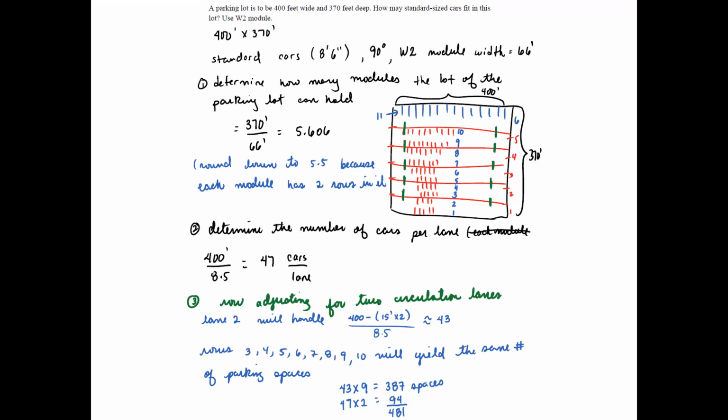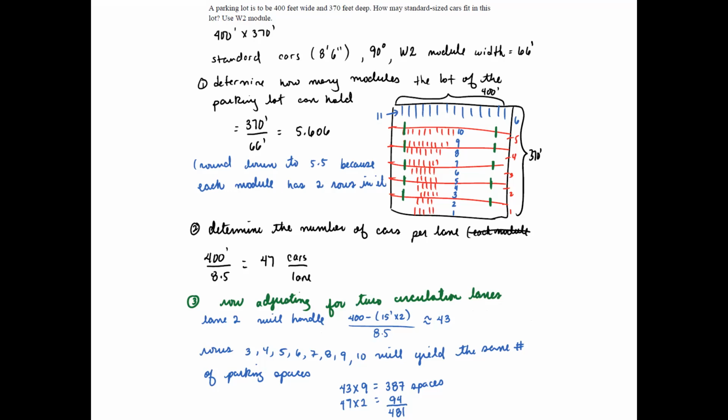That's 47 cars per lane, and that's without the circulation lane. So I have to take into account those circulation lanes in my design. If you see in my drawing, there are some green lines that are cutting the red lines. Those are used to represent the circulation lanes. I'm going to have to lose some parking spaces in those lanes because I need that space for circulation.